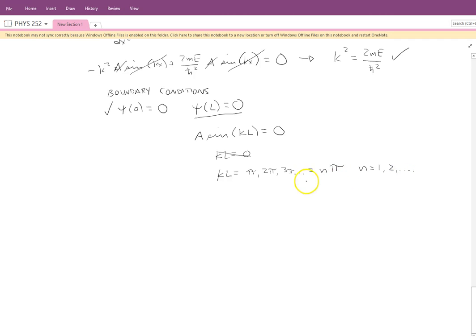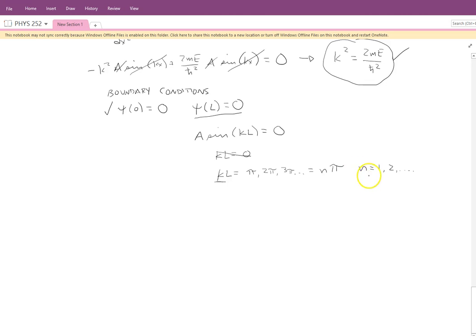So what we just found out is that by applying the boundary conditions, we get certain values for this k, quantized values for this constant k. But look up here. That k is going to determine the actual energies of the electron for the different energy levels, right?